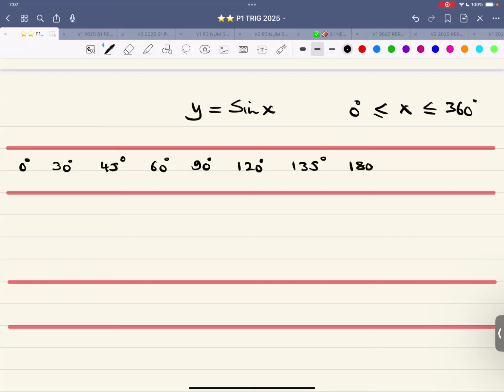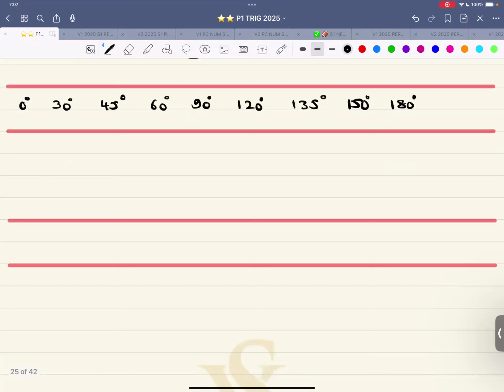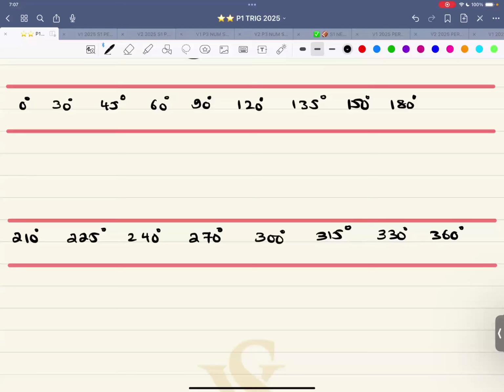And I missed one, which is 150 degrees. So let me push this over here. This is 150 degrees, this is 180 degrees. Then I'm focusing on 210 degrees, 225 degrees, 240 degrees, 270 degrees. And then 300 degrees, 315 degrees, 330 degrees, and 360 degrees.